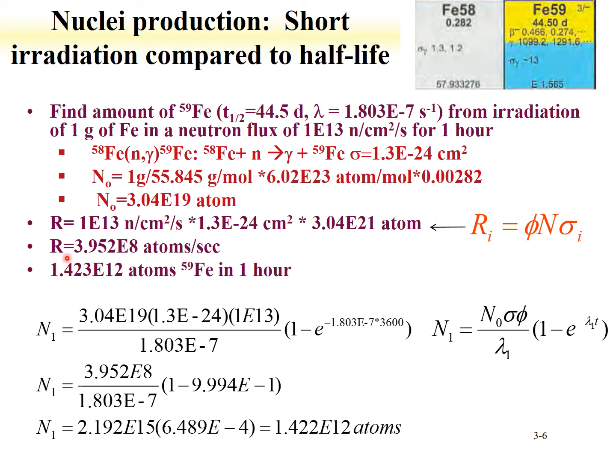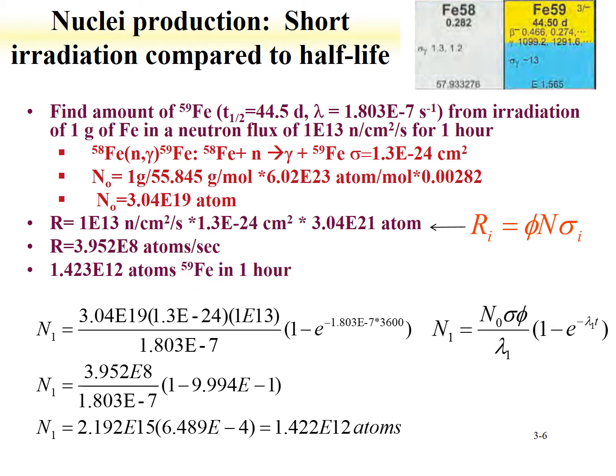I get a rate of 3.95 times 10 to the 8th atoms per second. I say I want this irradiation for an hour. So there's 3,600 seconds in an hour. So from this, I get 1.4 times 10 to the 12th atoms of iron 59 are made in 1 hour.